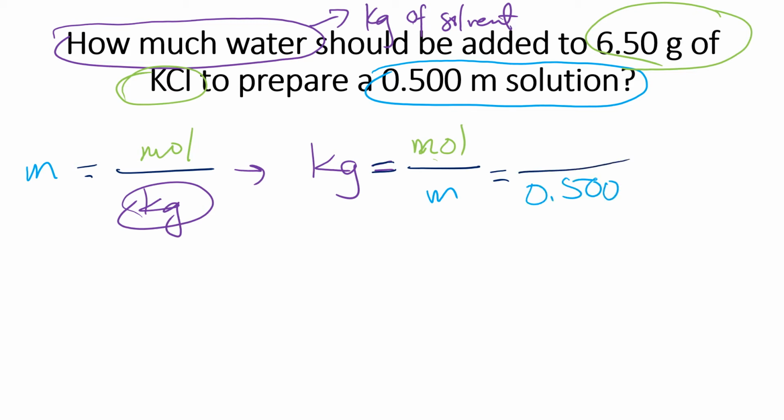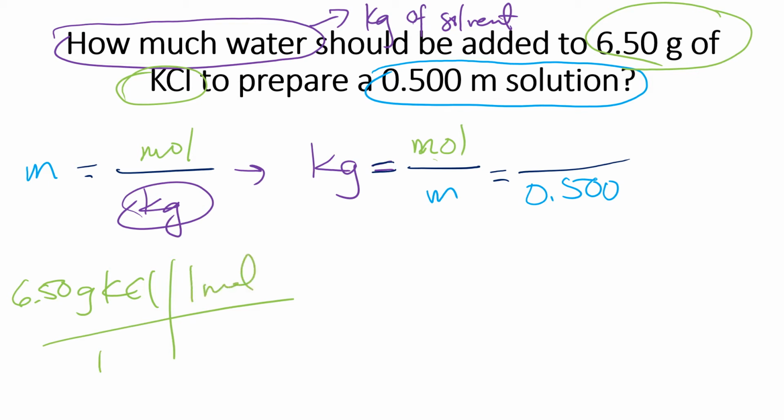However, I need to convert my grams of KCl to moles. So 6.50 grams KCl, convert that to moles. So I'm going to divide by the molar mass, which is 39.1 plus 35.45, and that's about 74.55. So this is my moles.